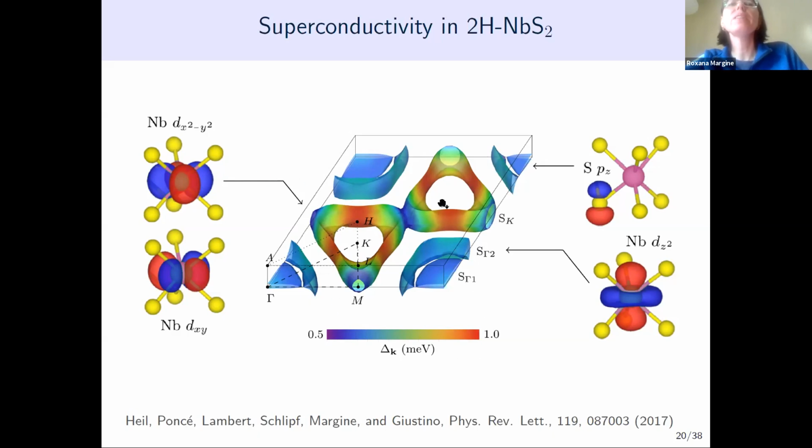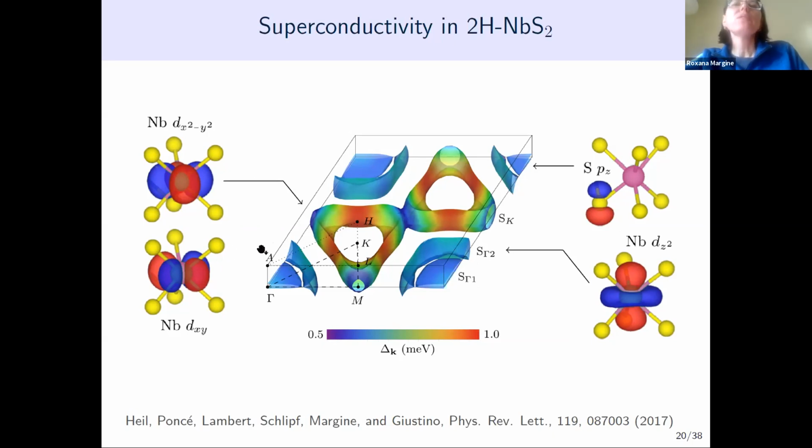And now by comparing this distribution of the gap on the Fermi surface, we can conclude that the low values of the superconducting gap are found on those regions of the Fermi surface with out-of-plane orbital character, so on the S and niobium, while the larger values correspond to the regions with in-plane character on niobium orbitals.